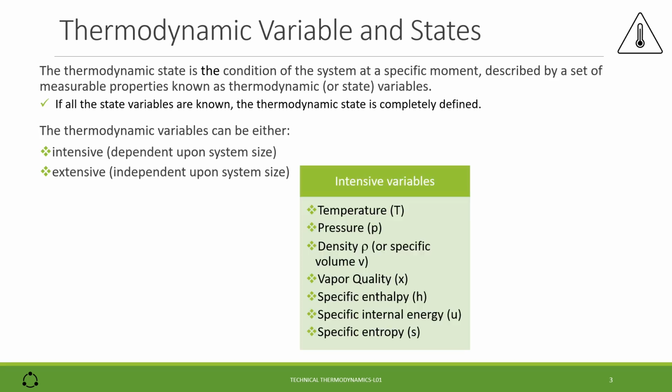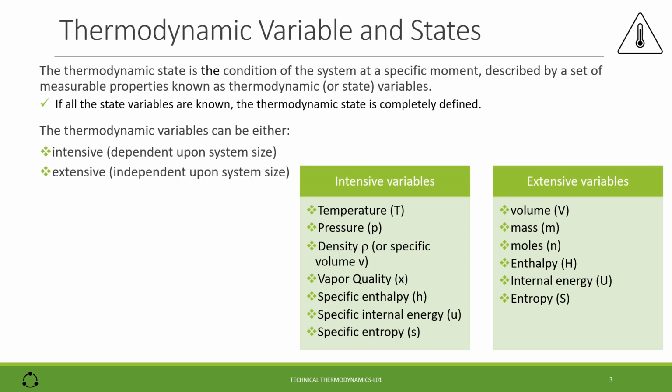Some examples of intensive variables: the temperature, the pressure, the density or specific volume, the vapor quality, the specific enthalpy, the specific internal energy, and the specific entropy. For the extensive variables: the volume, the mass, the number of moles, the enthalpy, the internal energy, and the entropy.